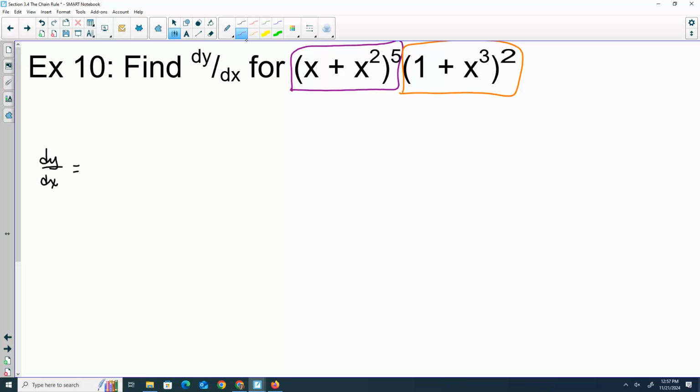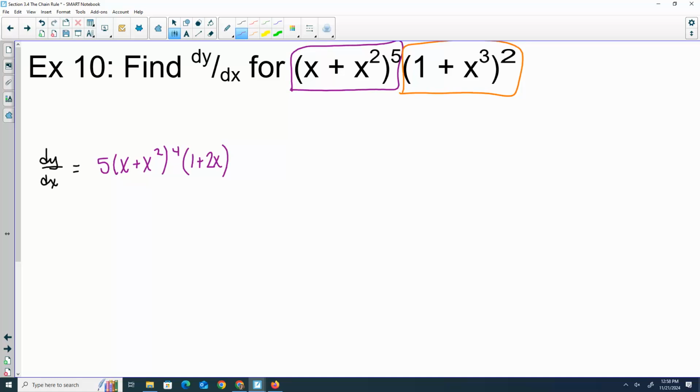How would I do the derivative of an x plus x squared to the fifth? Pull the 5 out, push to the chain. Alright, so 5, inside stays the same, subtract 1 from the power. Derivative of the inside, 2x plus 1. Okay, you guys okay, that purple is just the derivative of the first piece.